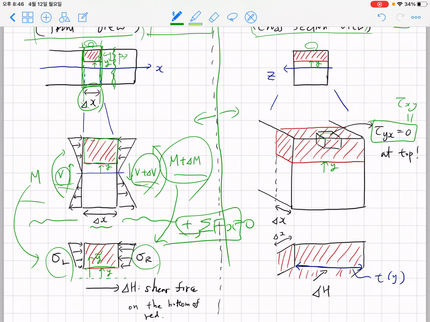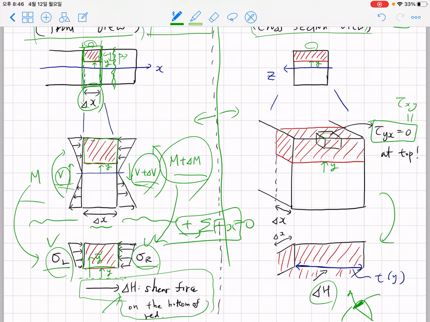So by combining stress sigma L integrated over the left surface, stress sigma R integrated over the right surface, and the sum of shear force on the entire bottom of this red block, if you change the viewing angle and look at the bottom, the direction of delta H should be along the x direction. By combining sigma L, sigma R, and delta H contributions, you have to consider force equilibrium.